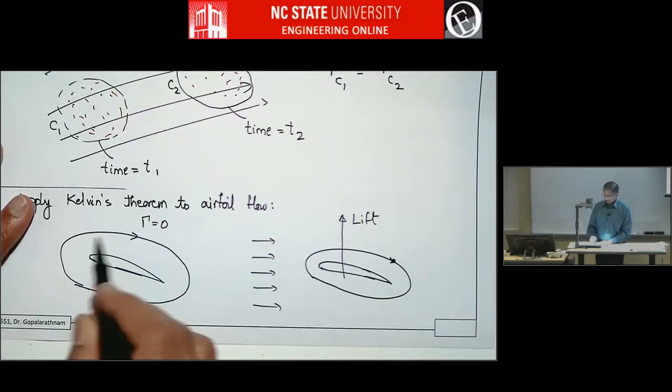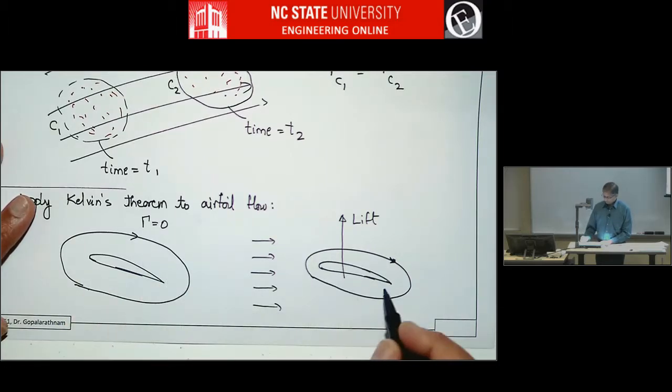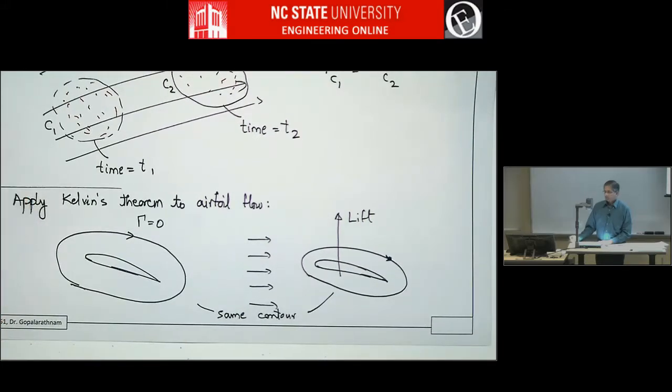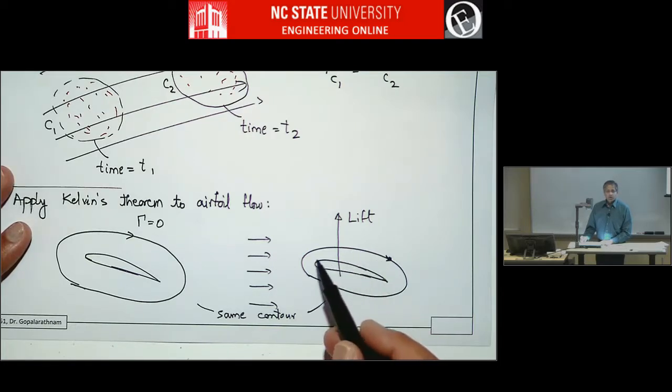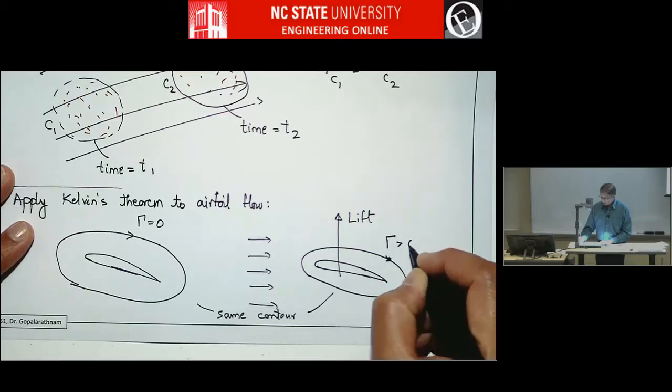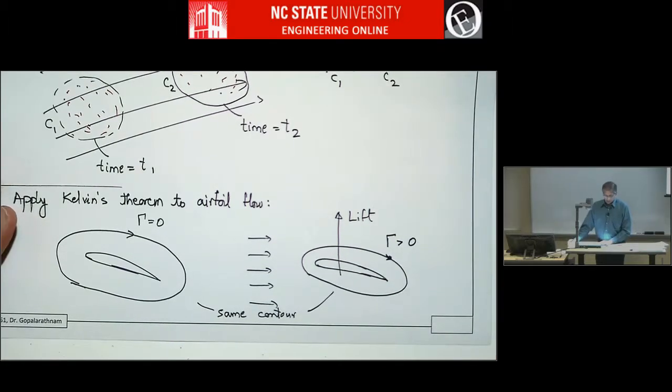Let's say it's the same contour. What will the circulation be? It will be greater than 0 because the Kutta-Joukowski theorem says that rho v times gamma equals lift, and there is lift, and so circulation is greater than 0.